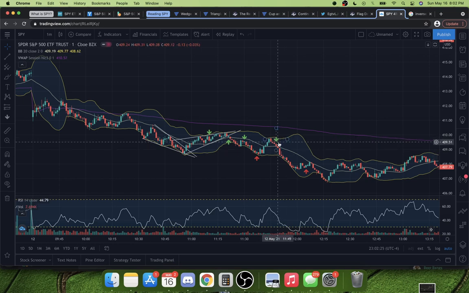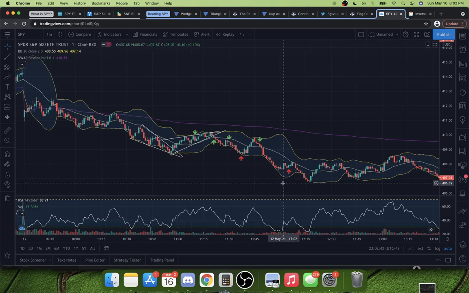So you might take another position on puts there, and then you see it holding the lower Bollinger Band, curling towards the mid band, so I might just sell right there, just in case it were to gain that mid band back.